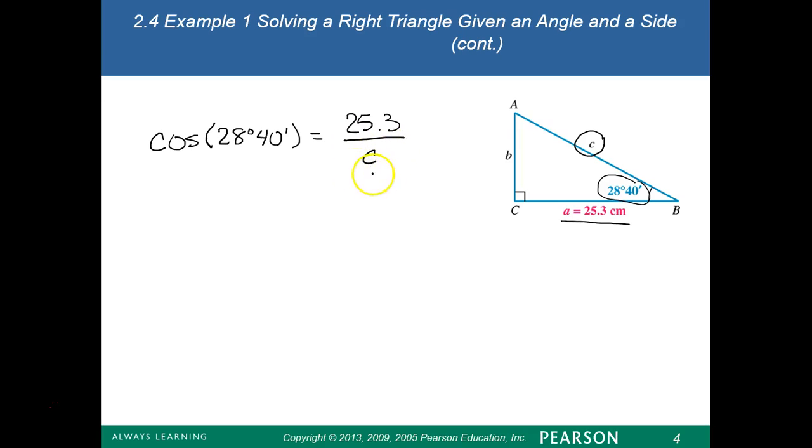Now to solve for C, we have to get C out of the denominator. So multiply both sides by C. We get rid of that.